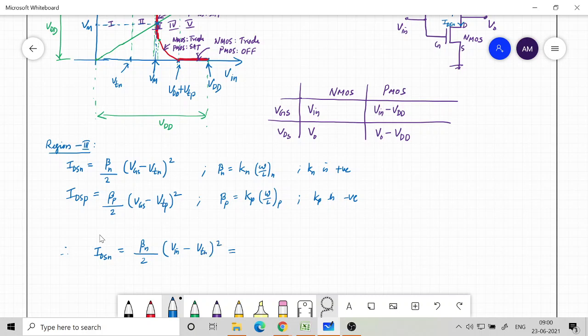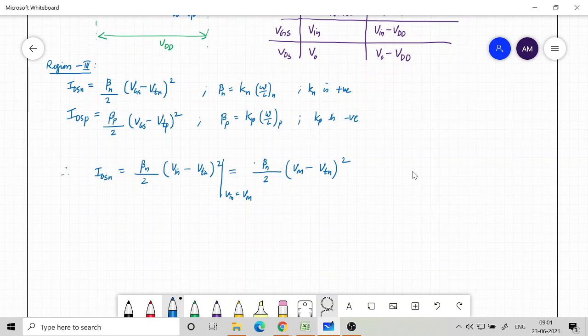Now to find out the trip voltage, Vin should be Vm. So at Vin equal to Vm, it is going to be equal to beta n by 2 into Vm minus VTN the whole square. Similarly, I can take IDSP, which is beta P divided by 2.